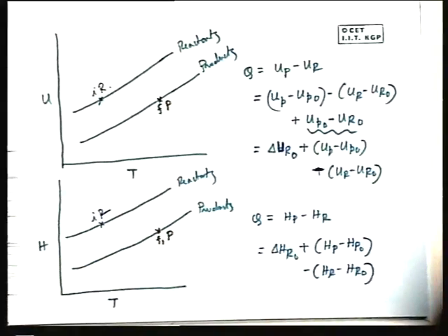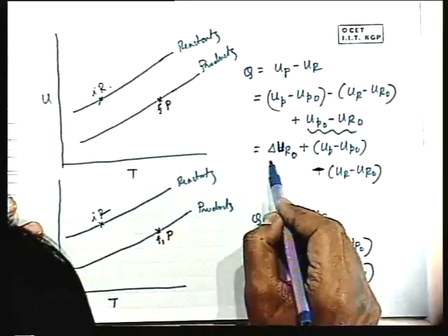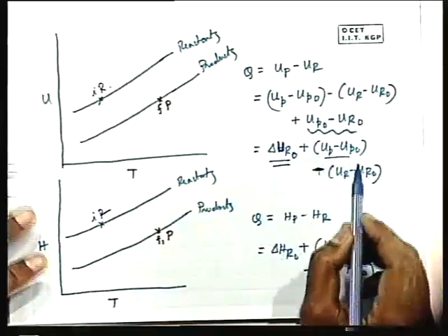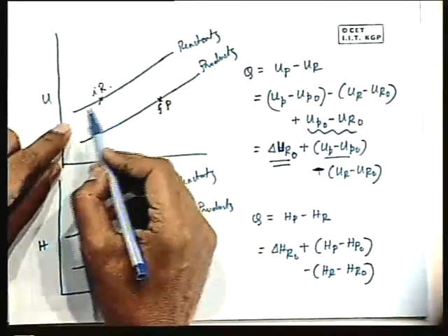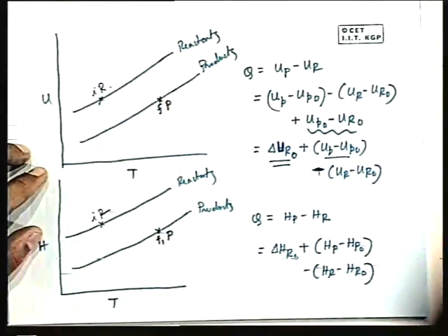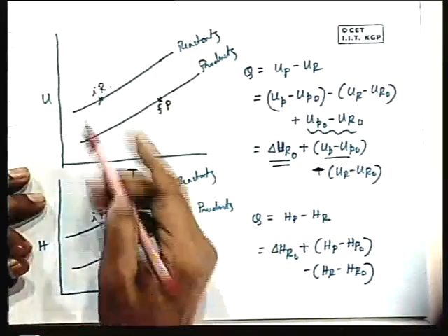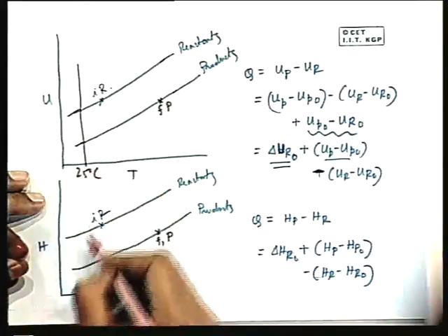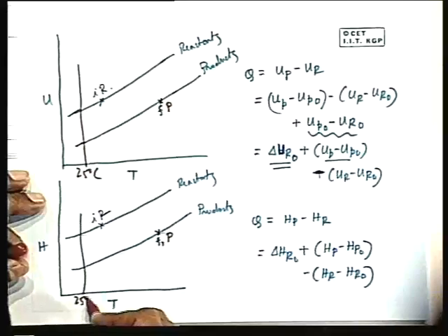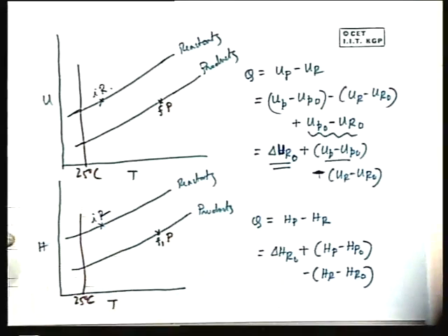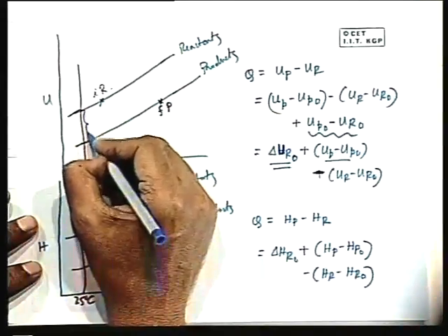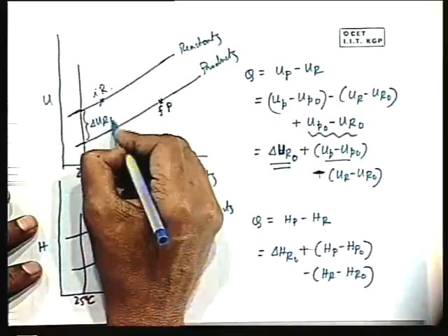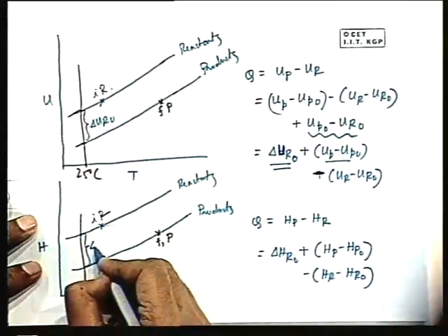So now here the most important thing is that you have to add this with this. That means try to understand that this is the 25 degrees Celsius line. This is the 25 degrees Celsius line. So therefore what happens is that this is your delta UR0, this is your delta HR0.